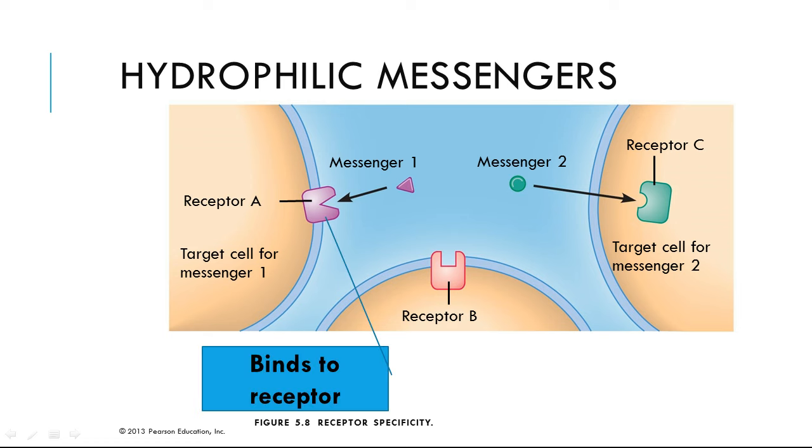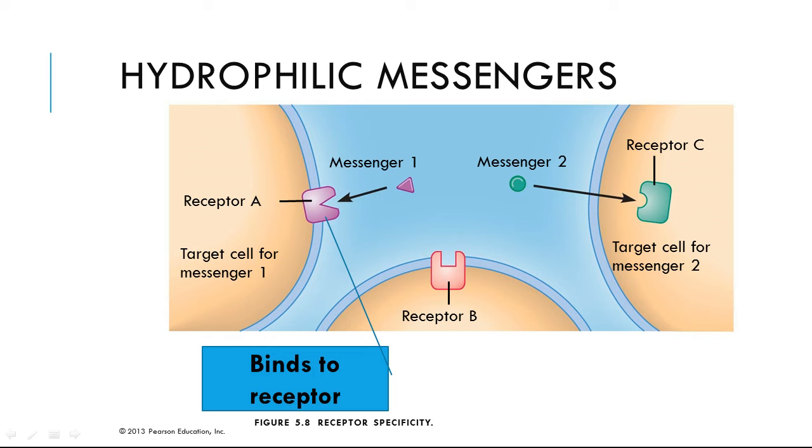The same messenger, right, is going to have to bind to a receptor. Which cells, A, B, or C, would our hydrophilic messengers bind to? A. Would it bind to A? Yes.